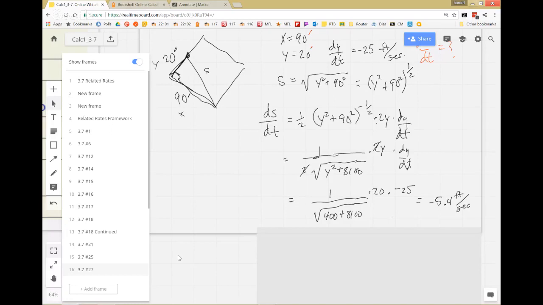So there's our problem. You solve it, you come up with negative 5.4 feet per second. Why is it negative? Because it's getting shorter. So as he's running, as he's getting to third base, he is getting closer to home plate every second by about 5.5 feet.